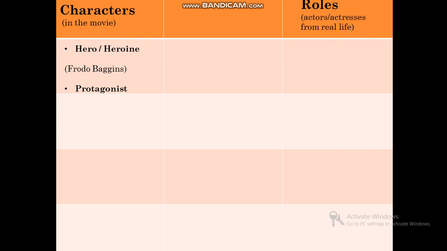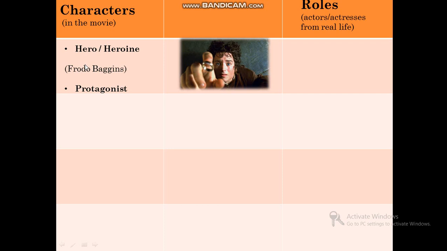If we take a look at The Lord of the Rings movie, we can see that Frodo is the hero of our movie. And his role for the movie is what? A star, a leading role for the movie, and in the movie he is a hero character.